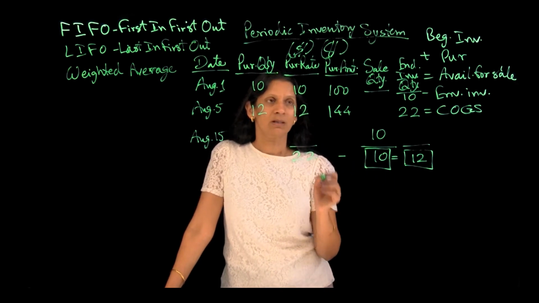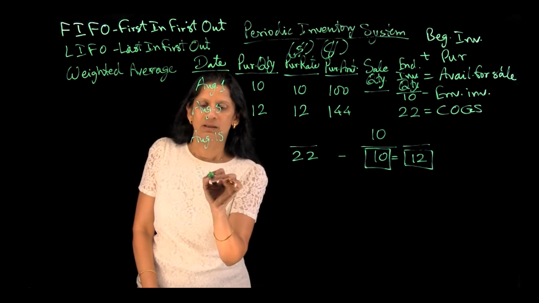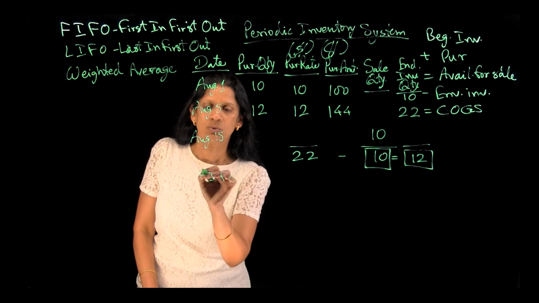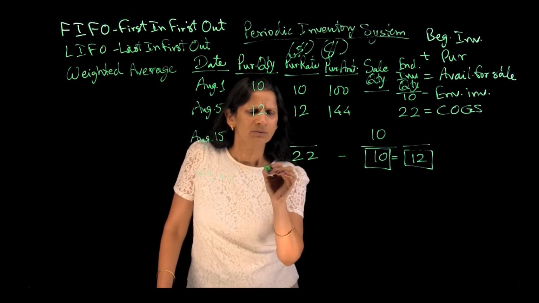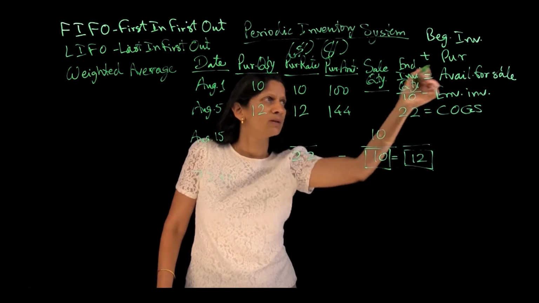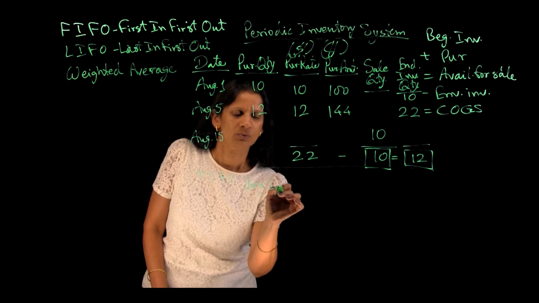So in this way, my inventory as per first in, first out will be, let's again follow this equation so it's a little easier to follow.